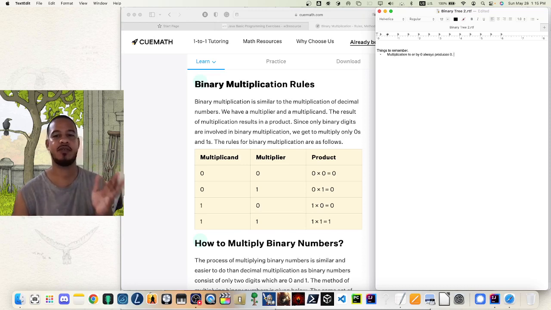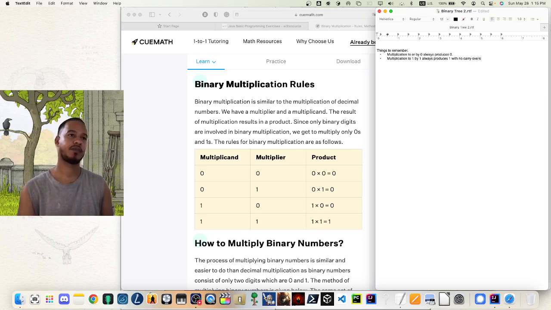Even the smallest details, you've got to write them down. Okay, multiplication of 1 by 1 always produces 1 with no carry. Okay. Let's remember.